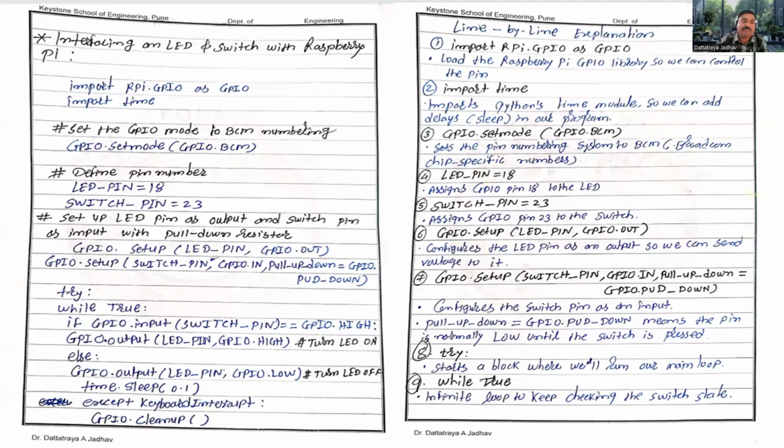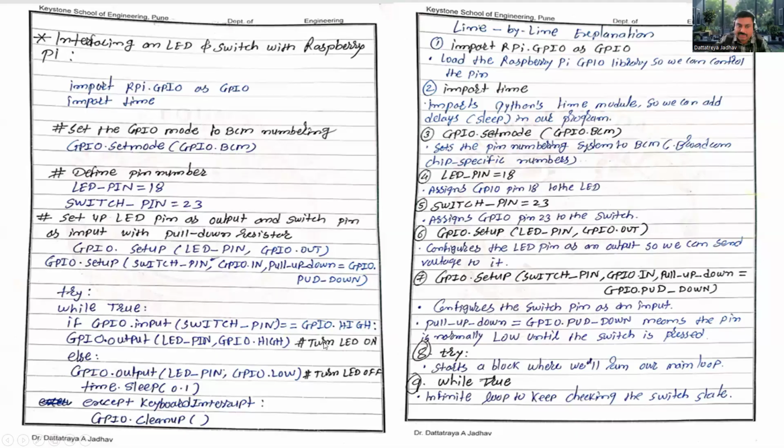So we take a while condition related with that, and we try that condition while True. When this condition is true, that parameter will be executed. So we say if GPIO.input, that is we are taking input switch pin equal to GPIO.HIGH. So it is a high voltage applied, meaning that it is pressed.